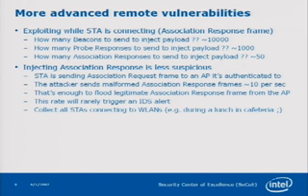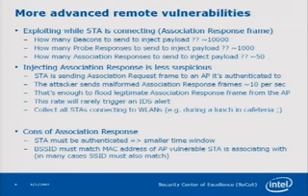So by exploiting the driver using the association response frame, it is possible to compromise all stations connecting to WLANs, for example within this room or during lunch in a cafeteria.